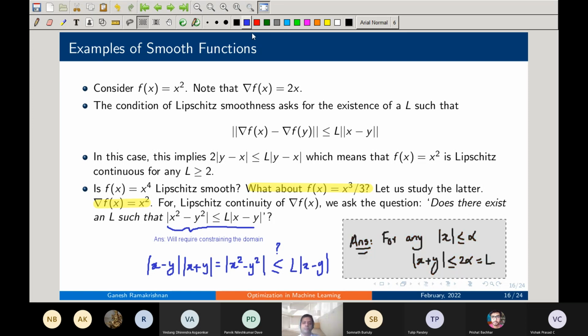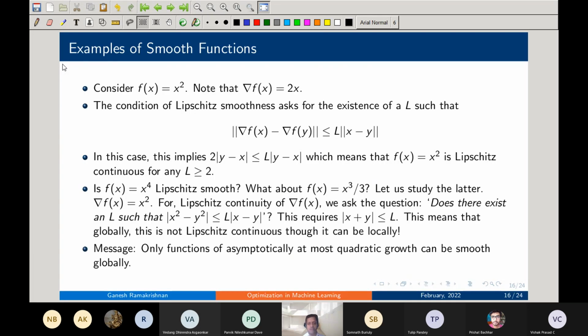Okay, any questions or comments here? So the overall assessment is that globally, this case of x cubed by 3 is certainly not Lipschitz continuous.